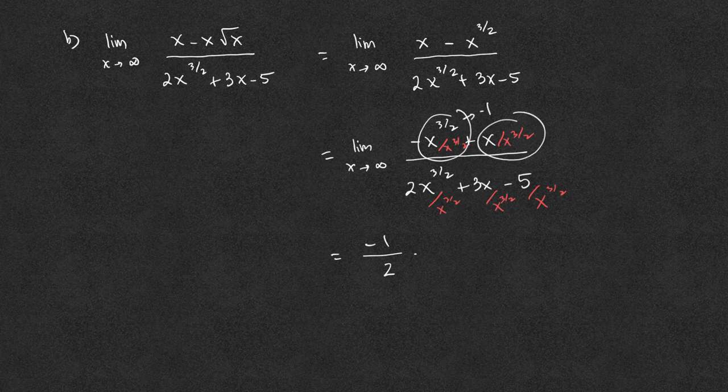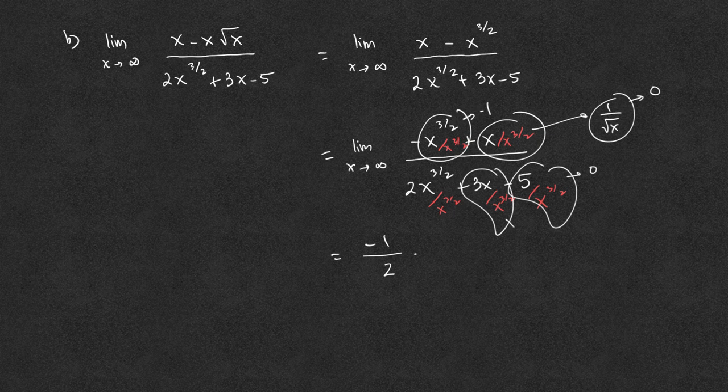The next term, x over x to the 3/2, is 1 over the square root of x, and as x goes to infinity, the term goes to 0. And 5 over x to the 3/2 would go to 0 as x goes to infinity. And similarly, 3x over x to the 3/2 is 3 over the square root of x, which also goes to 0 as x goes to infinity. And the term 2x to the 3/2 divided by x to the 3/2 is 2. And again, the limit is negative 1 over 2.